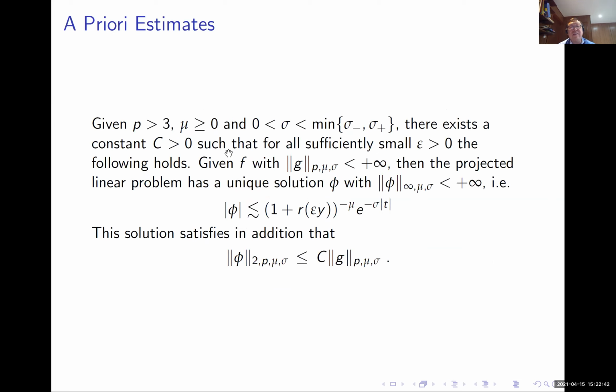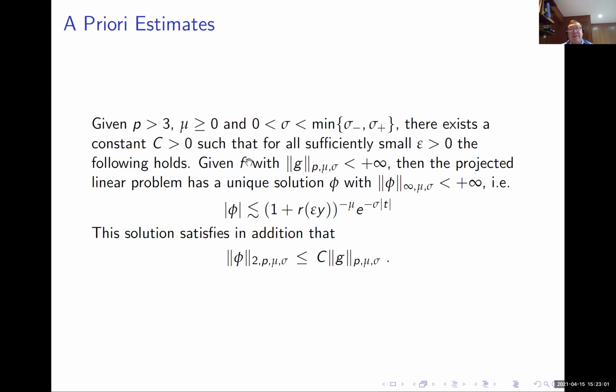So this is as in the finite dimensional reduction, we first need the upper estimate. This is the basic upper estimate. With this upper estimate, we get a W^{2,p} estimate.